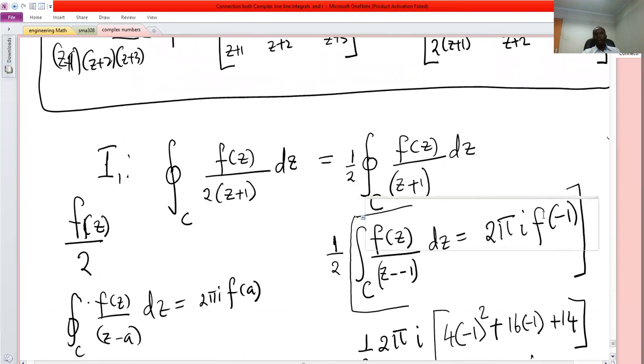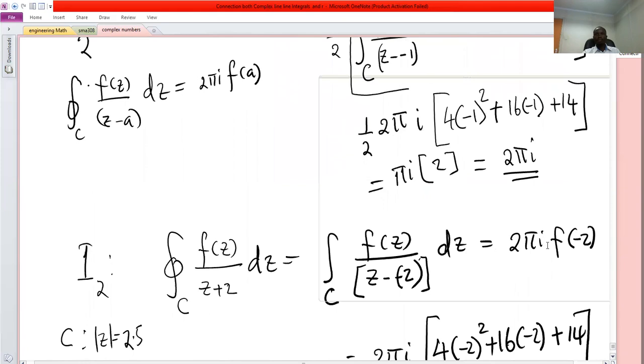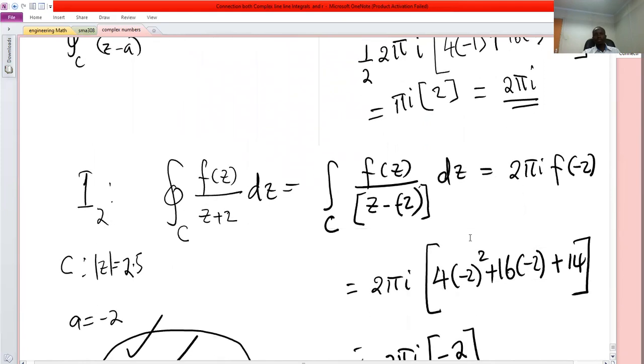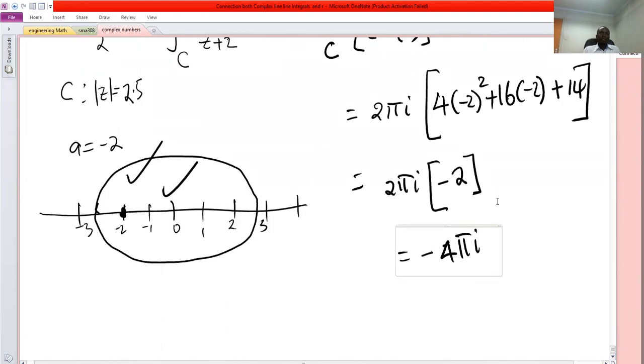So 2 pi i f of minus 2: 4 times 4 is 16, 16 minus 32 plus 14 is minus 2. So that will give us minus 4 pi i.